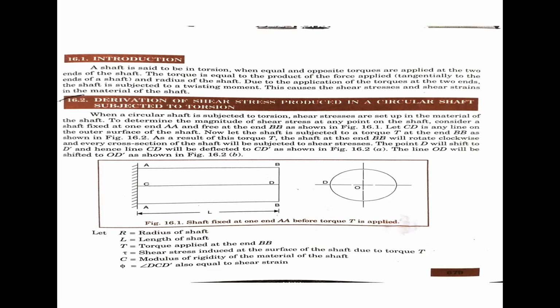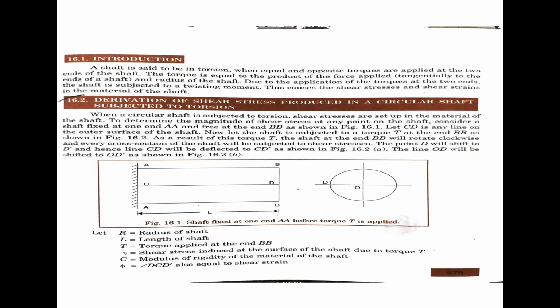Due to the application of the torques at the two ends, the shaft is subjected to a twisting movement. This causes shear stresses and shear strains in the material of the shaft.